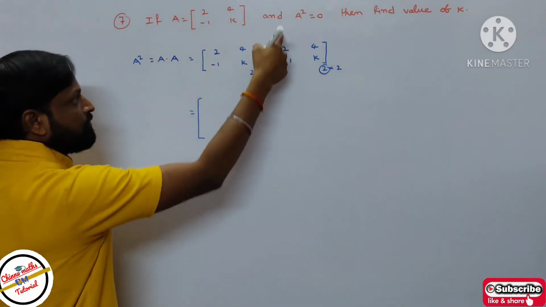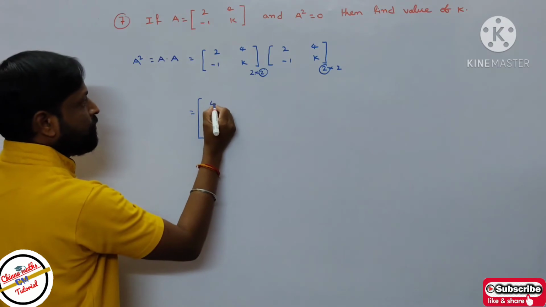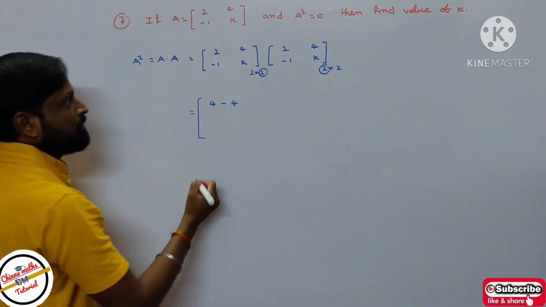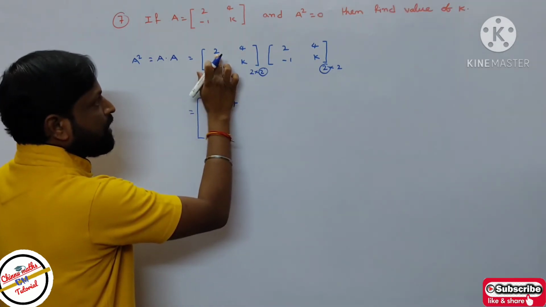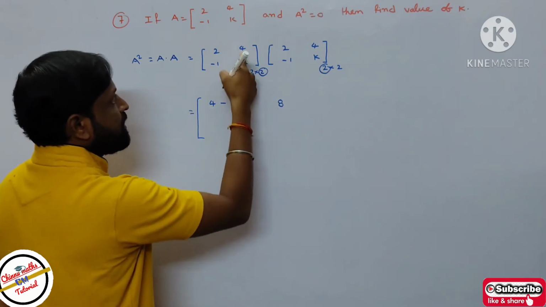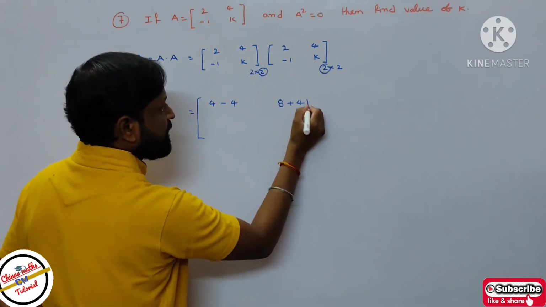First row and first column: 2 into 2, 4, again 4 into minus 1, minus 4. Next R1 C2: 2 into 4, 8, then 4 into K, plus 4K.